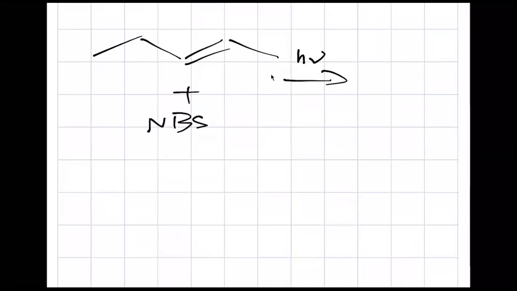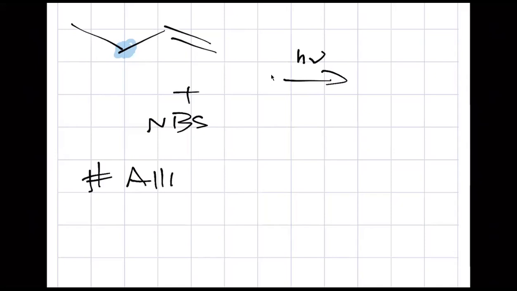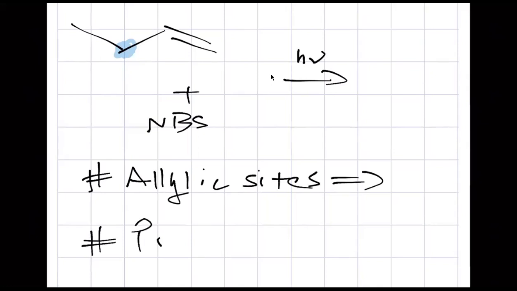So in this particular case, no, let me not do that, because that's going to create a problem. I'll keep it basic. All right. So in this particular case, I have one allylic site. You can generally predict the number of products based on the number of allylic sites you have, right? So the number of allylic sites is going to tell you how many products you're going to get.